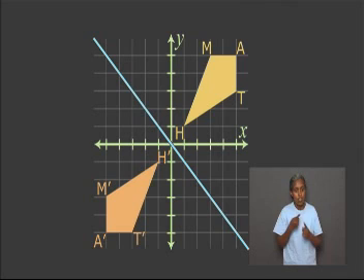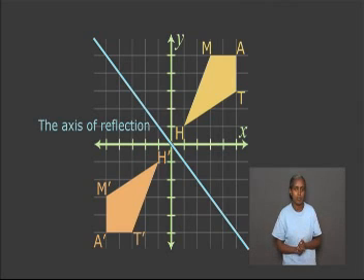For obvious reasons, it is called the line of reflection, or the axis of reflection. Every point on the axis of reflection is its own image.